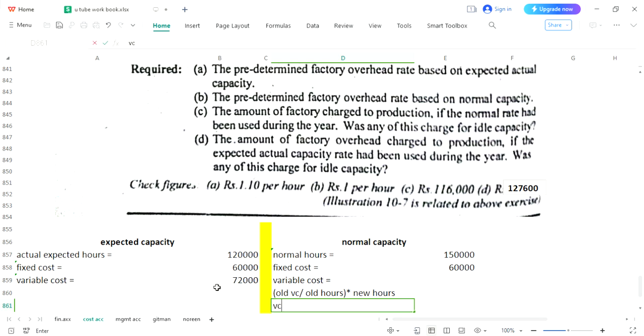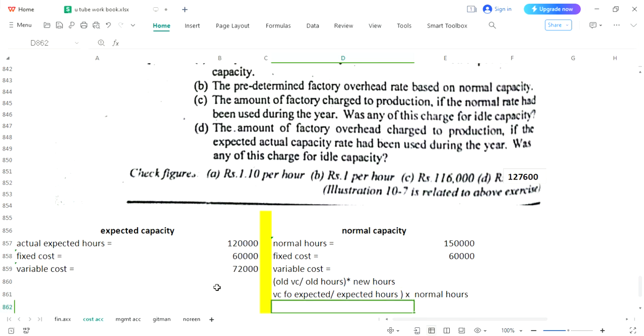VC for expected hours would be divided by expected hours, and finally you will be multiplying it with normal hours. Here you can see that we have changed this formula, so variable cost we can calculate from here.